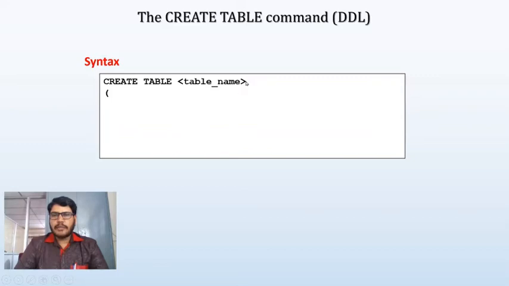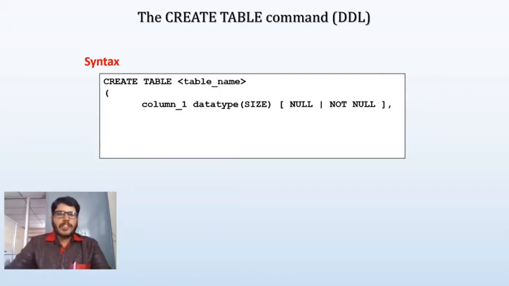After writing the table name, we have to press enter, and in the next line, we have to open the parenthesis, because within this parenthesis, we are going to specify the column definitions. Assume that I'm going to provide the first column definition. And how to provide these column definitions? Again, we have a syntax here like this.